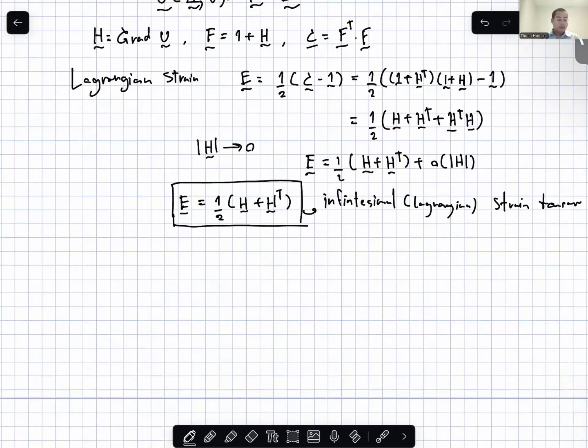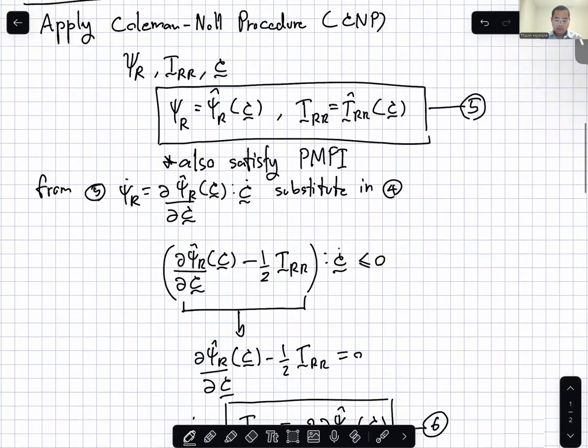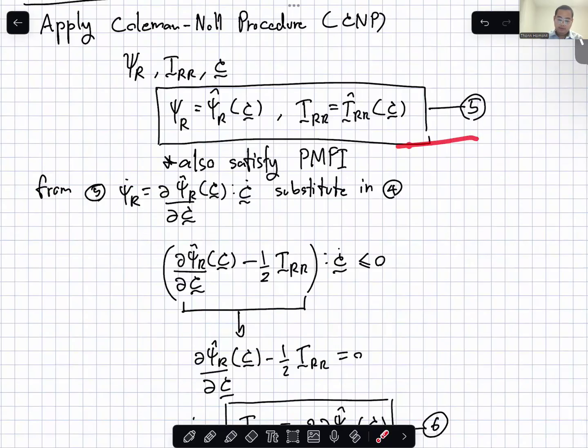Okay, so let's get back to what we have. So we know that we're going to have the function of the free energy and the function of the TRR, right?